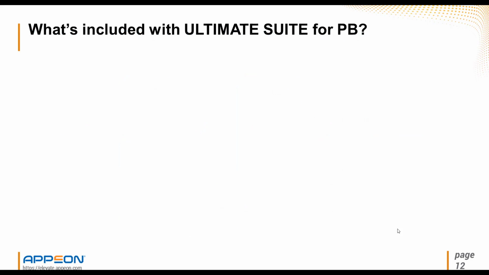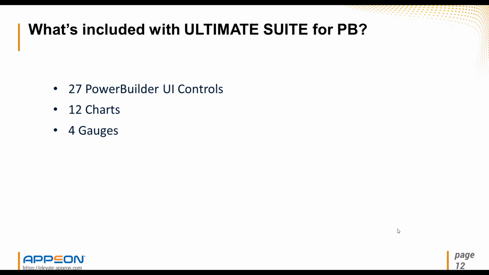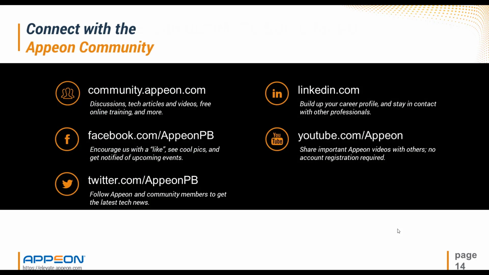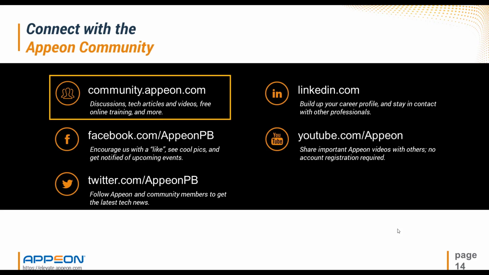Number two, what's included in the box in case you want to try Ultimate Suite. So you have a number of UI controls. You also have a library of charts, gauges. You have some free open source icon libraries, and you have some tools for customizing the chart and the control. If you want to find more about PowerBuilder and the PowerBuilder themes, of course, you can get lots of resources out there that you probably know.